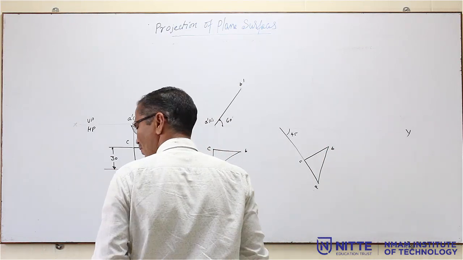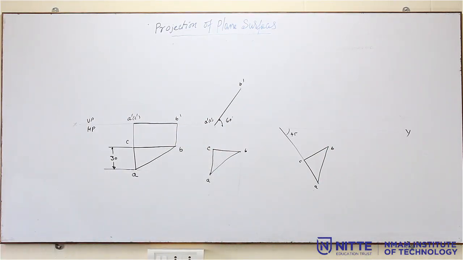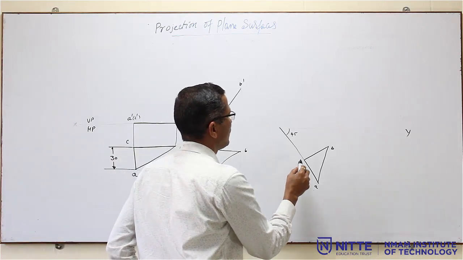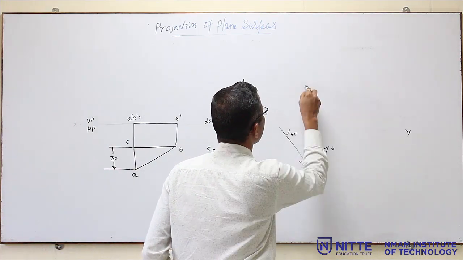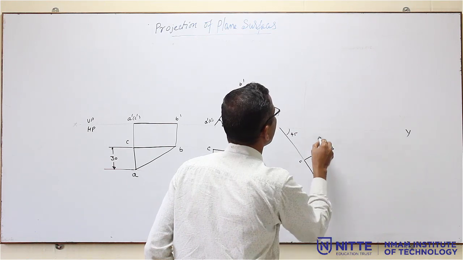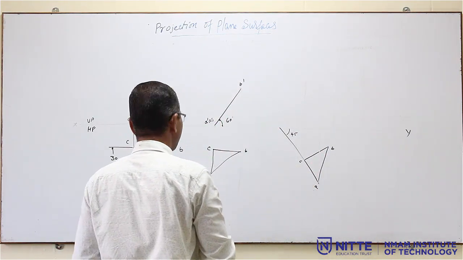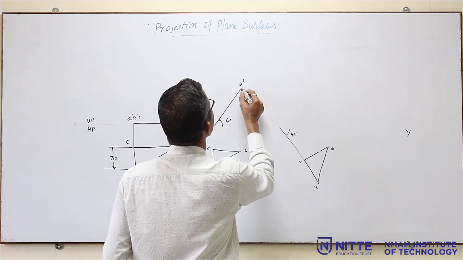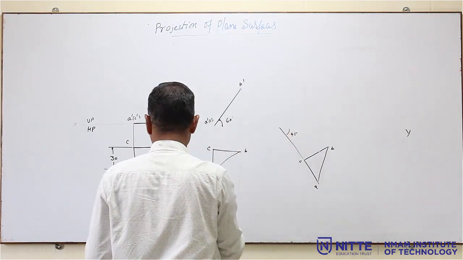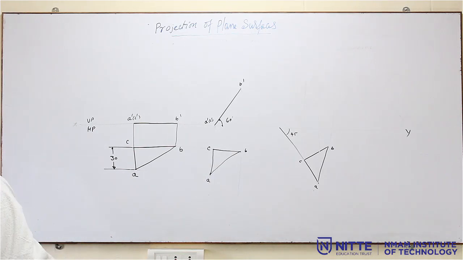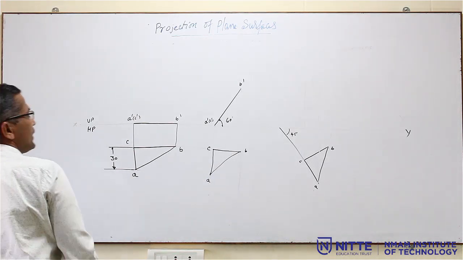Then project it up, all the points you have to project in the upward direction. All these projection lines should be very light. Then project horizontally. Use the 2H pencil and project it.